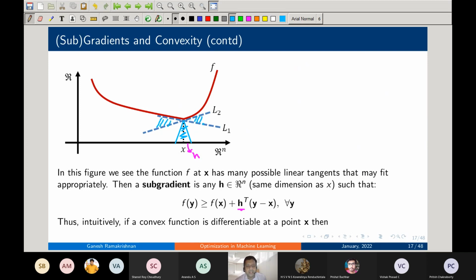These are all subgradients. A subgradient is any h such that f of y is greater than or equal to f of x plus h transpose (y minus x), or in other words, (h, minus 1) defines a supporting hyperplane at x. Any questions?